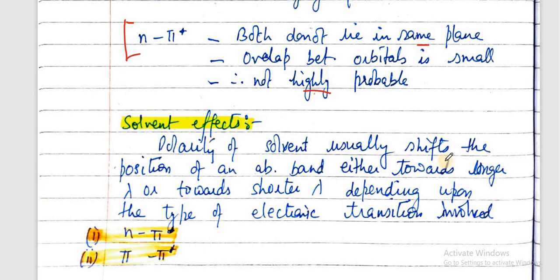The polarity of solvent usually shifts the position of an absorption band either towards longer wavelength or towards shorter wavelength, depending upon the type of electronic transitions involved. Mainly the transitions are n to pi star and pi to pi star. So we will talk about how the polarity of solvent, whether it is polar or non-polar, will affect these two types of transitions.